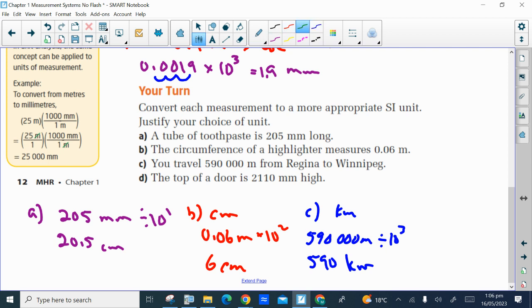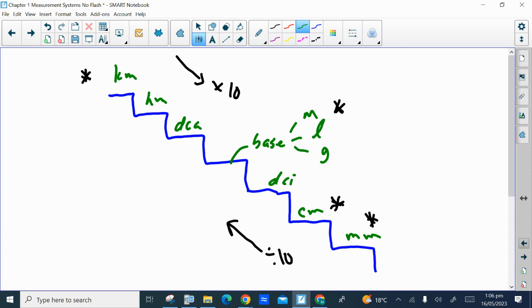The last one, the door is 2110 millimeters high. I would probably use meters for this. So if you have 2110 millimeters, and you want to convert that to meters, to go from millimeters up to meters, you're going to divide by 10 3 times, because that's how many steps it is from millimeters up to meters.